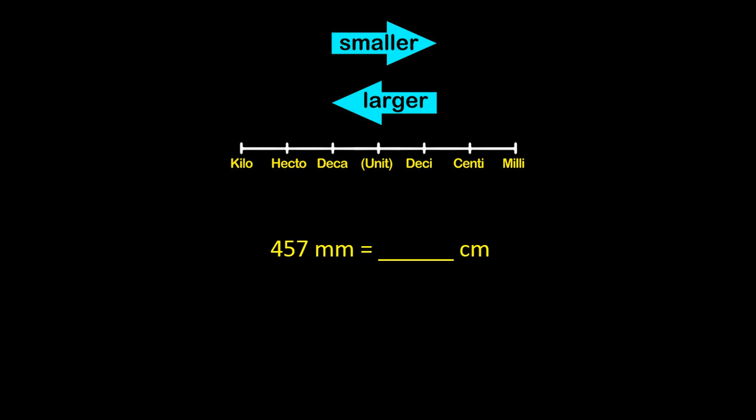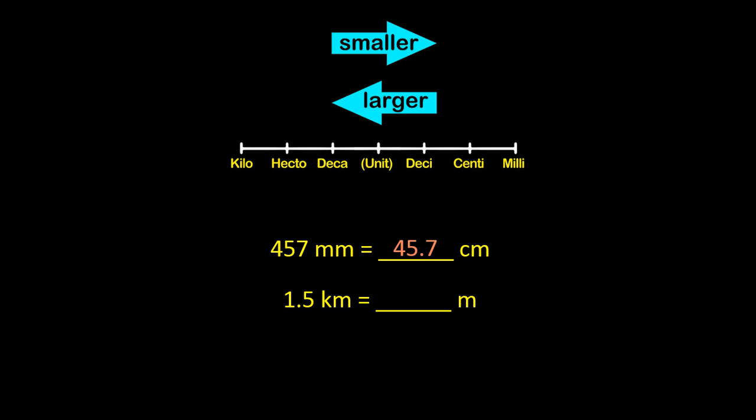So we're moving to a larger unit of measurement to go from millimeters to centimeters, which means we have to have a smaller numeric value representing that. So we have one place that we're moving from millimeters to centimeters, which means we need to move our decimal point one place to make a smaller number for our larger unit of measurement. So 457 millimeters is 45.7 centimeters.